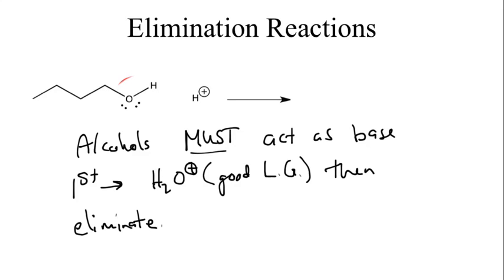So the first step for all alcohol elimination reactions will be adding H+, followed by anything else that we want to do. Maybe we can even say step 2 is heat. We must activate the alcohol for elimination, so we have to have it react with an acid.